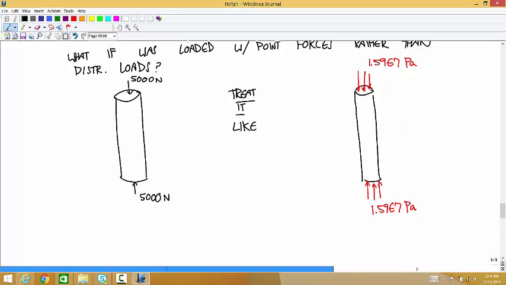Go through the whole calculation. Get a stress tensor that's equal to 0, 0, 0, 0, negative 1.59 times 10 to the 7, 0, 0, 0, 0.